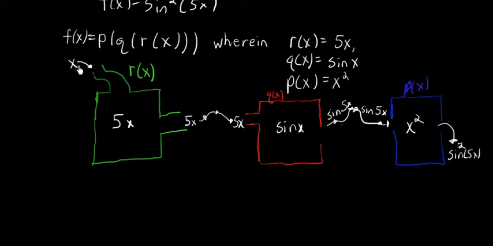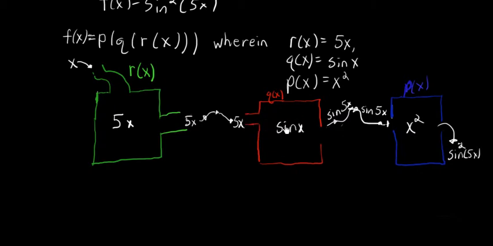So let's trace the path of x through these three machines in sequence and see what happens to it. We put x into the r of x machine, so x gets multiplied by 5 and spits out 5x. Now this 5x enters the q of x machine, which equals sine of x, and this machine is going to take the sine of whatever we input.